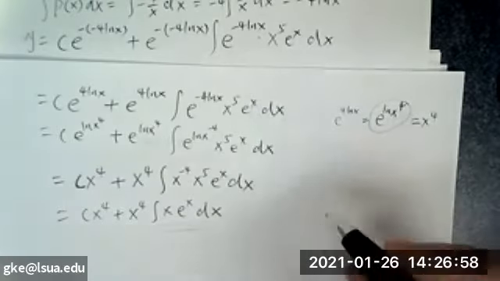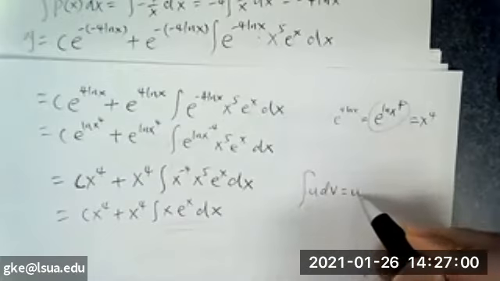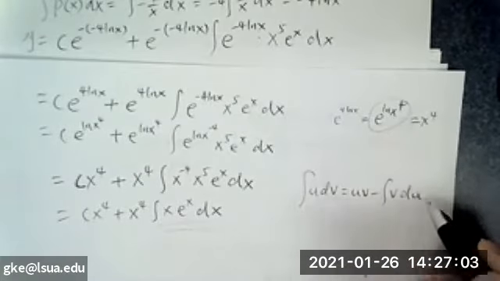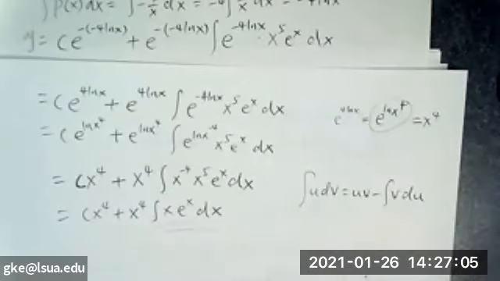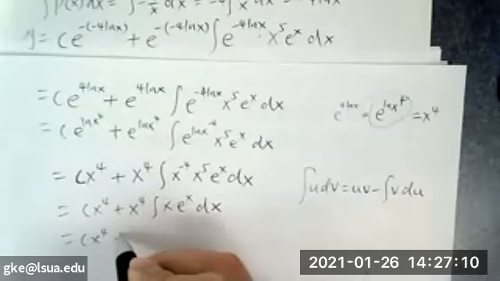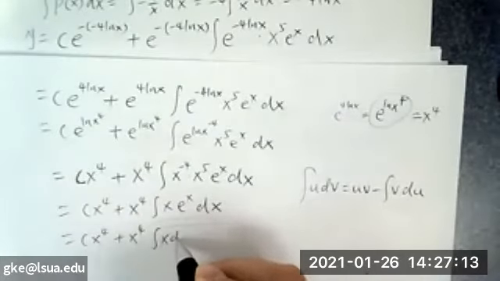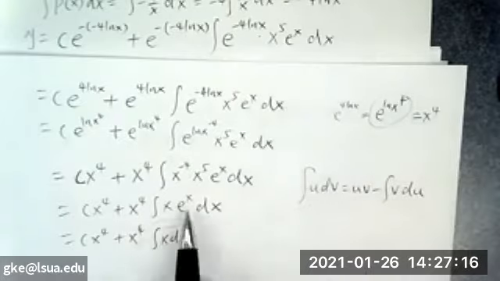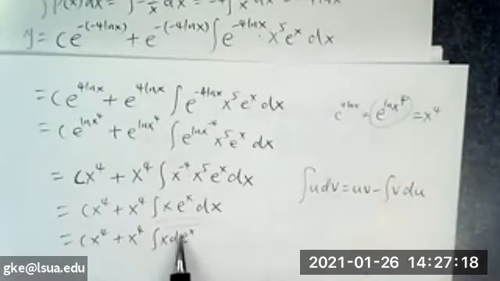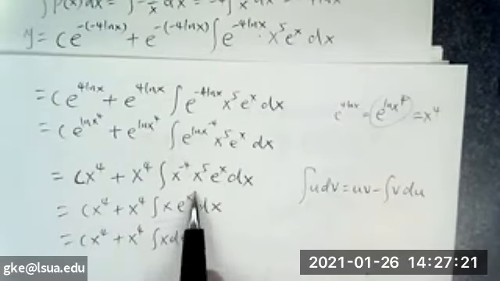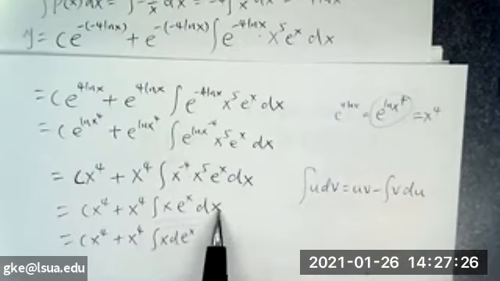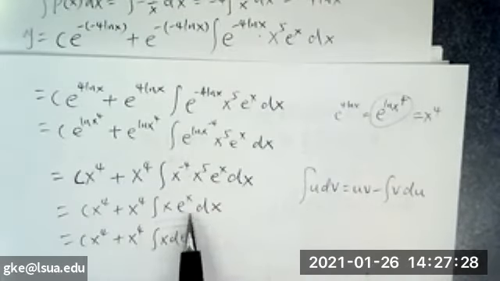You guys should have learned it. The integral of u dv equals uv minus the integral of v du, right? So for this guy, we have what? We put the e to the power x behind the d, so we find the antiderivative of e to the power x, which equals itself.